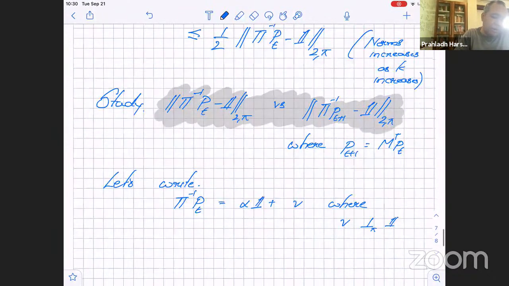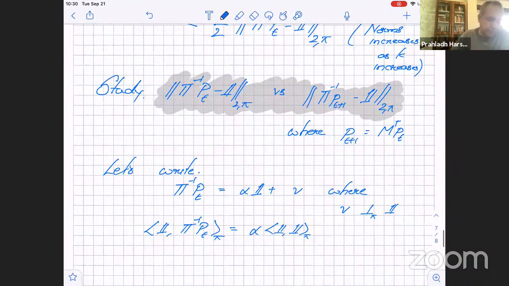Now I want to find out what alpha is. To find out, let's take the inner product with 1 on both sides. The right hand side is just alpha times the pi inner product of 1 with itself. On the left hand side, this will just be a summation: the pi inner product of pi inverse p_t with the all ones vector.